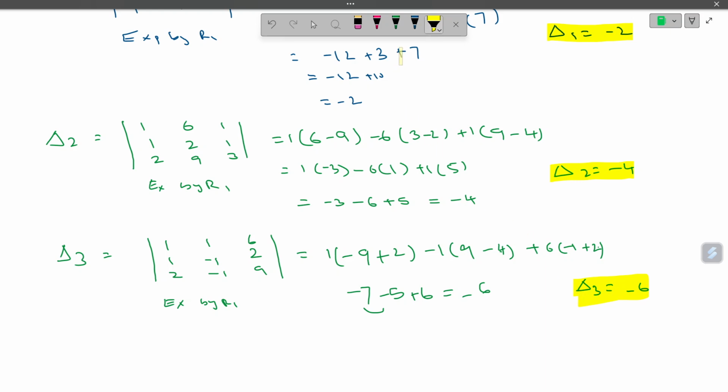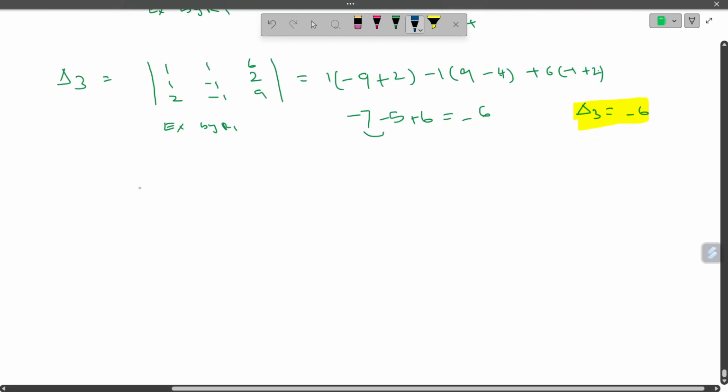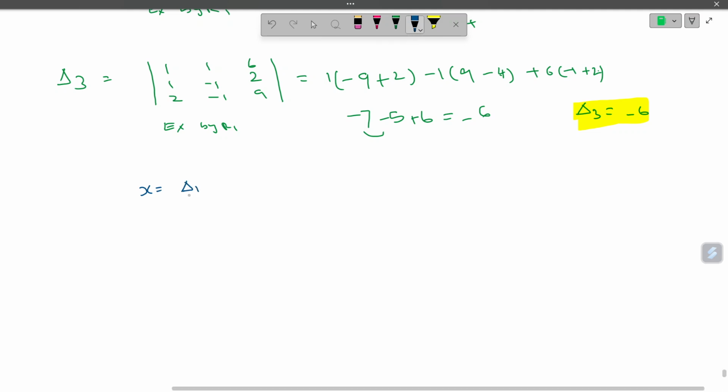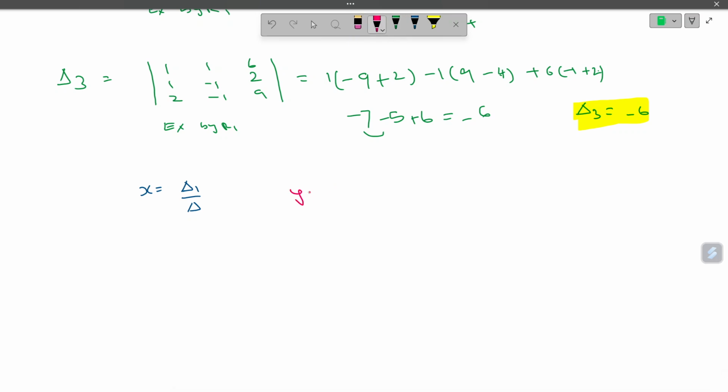We got all values. Now just substituting. What is our x, what is our y, what is our z? So x is del 1 by del, y is del 2 by del, z is del 3 by del. What is del 1?